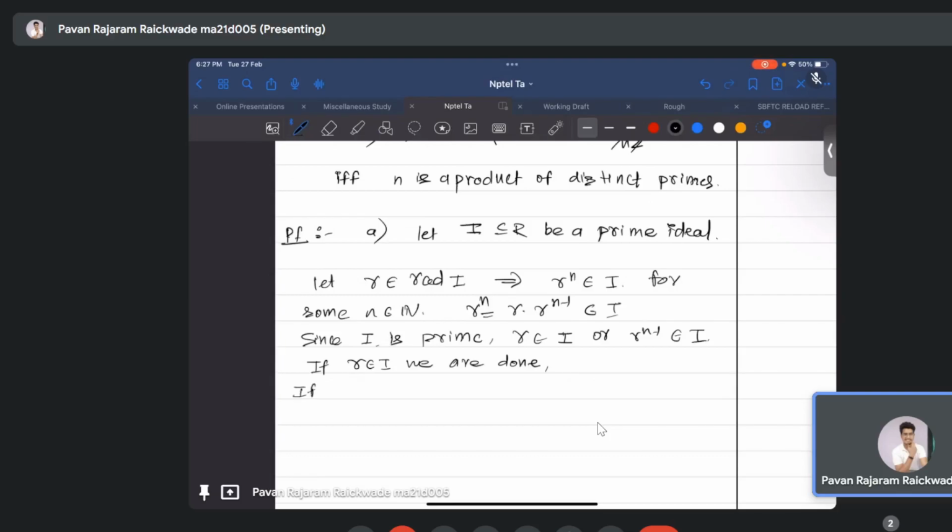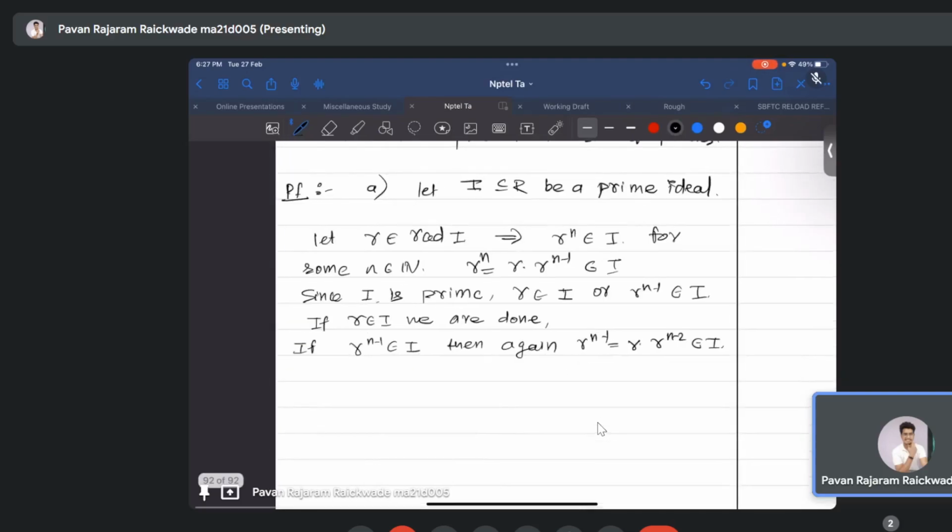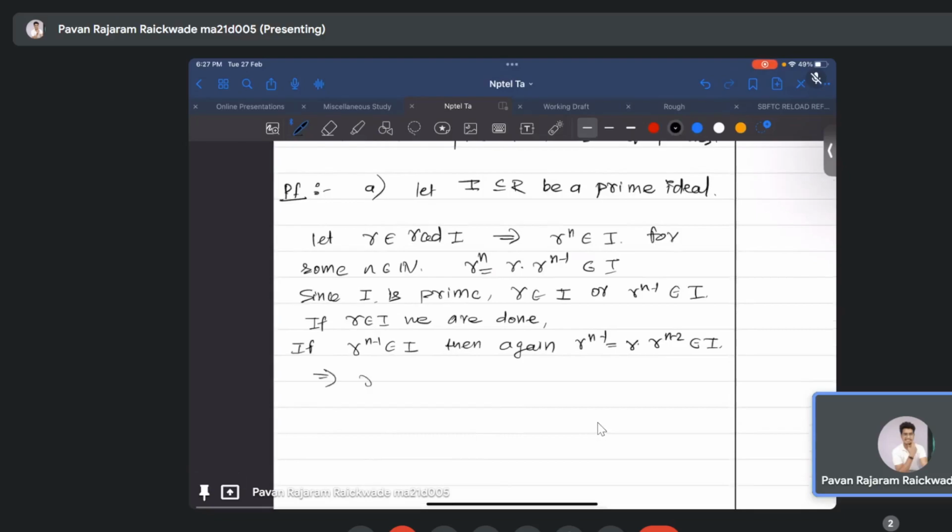Otherwise, again you can write this as a product, and this will again imply r to the n minus 2 belongs to I. You keep doing this, and this will imply r to the n minus 3 and so on.